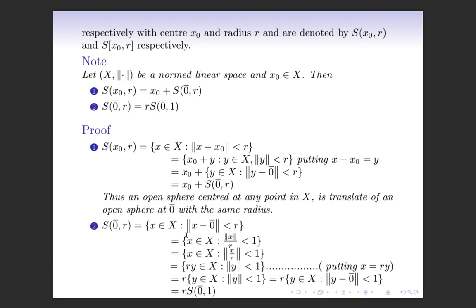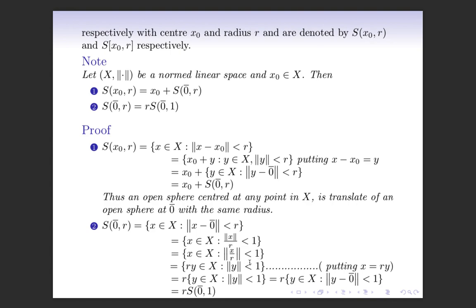Then, since r is a positive real number, we can divide this expression by r, and we can write the set of all those x such that norm of x divided by r is strictly less than 1. And since r is a positive real number, this expression can be written as norm of x by r strictly less than 1.